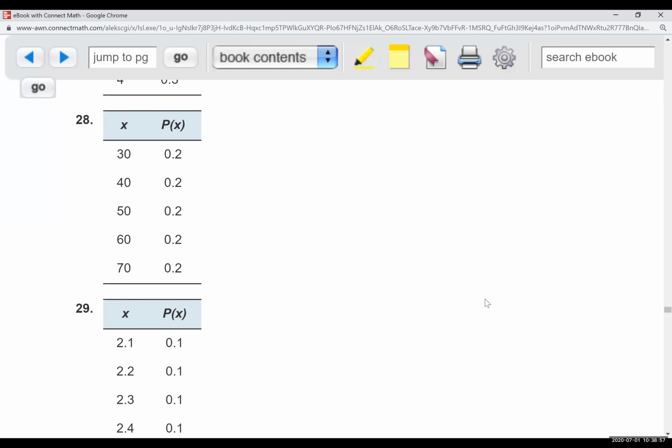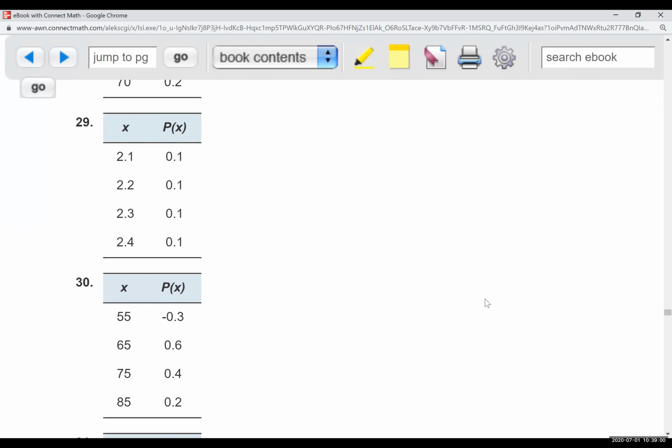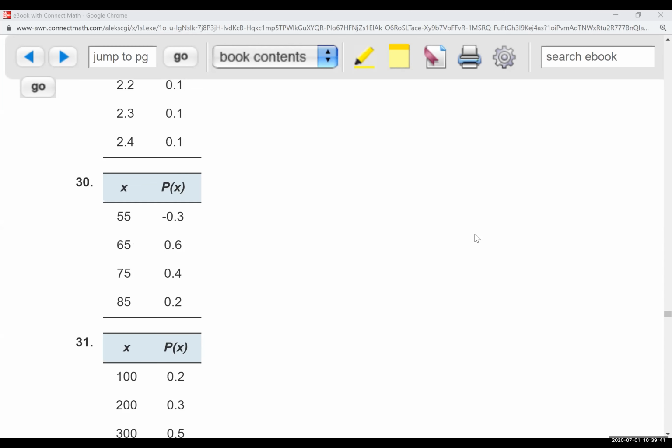Yes, same reason. 29. Yes or no? No. Because it doesn't add up to 1. 0.1, 0.1, 0.1, 0.1 is 0.4. 30.